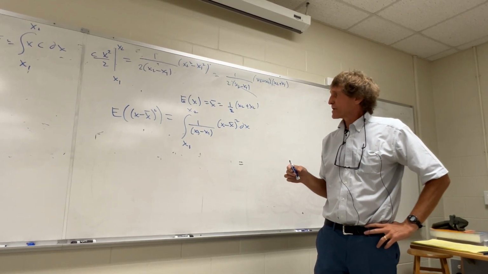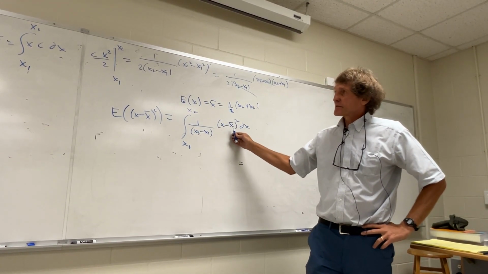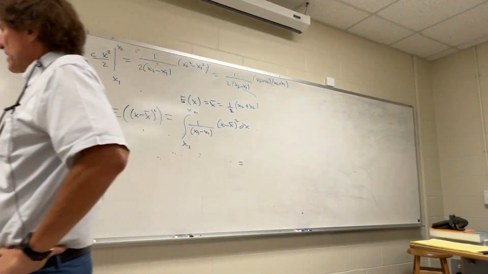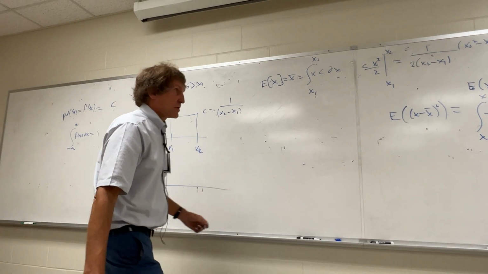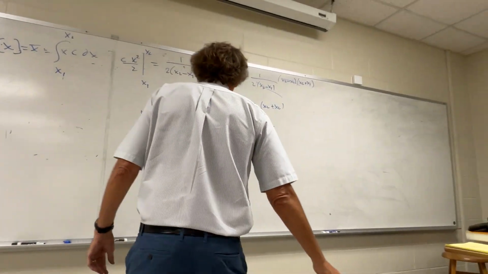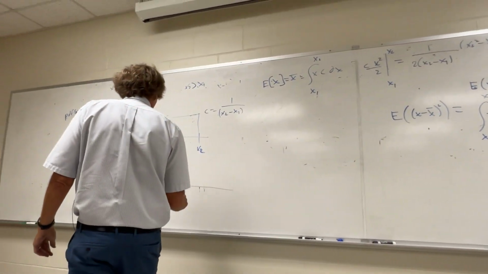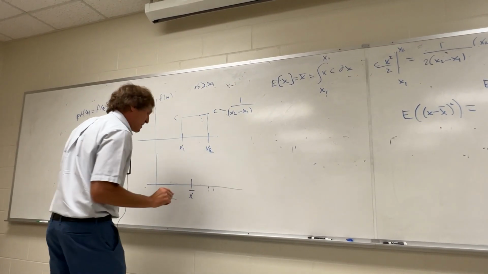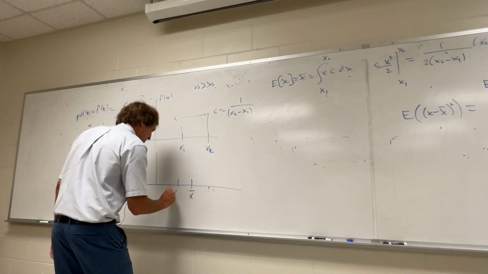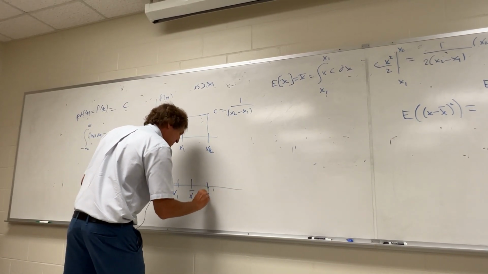When you look at this, really, this is a distance. If we think about this for a second, take a look at this. When we look at x minus x bar squared, here's the mean value, here's x bar, right? This is x1, this is x2.